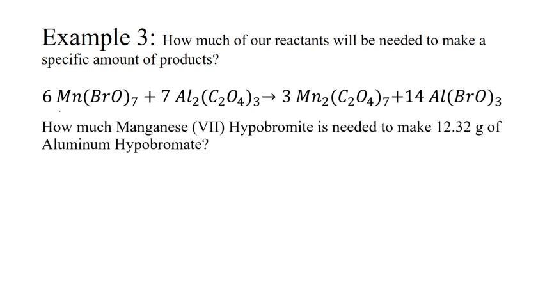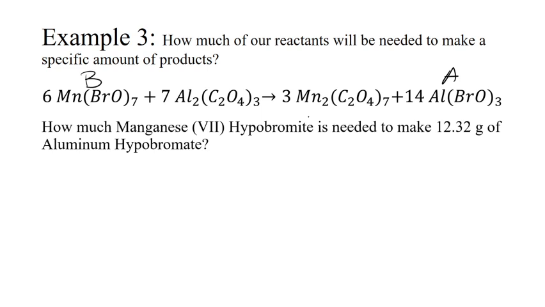So, manganese hypobromite, how much is needed? That is what we're looking for, to make 12.32 grams of aluminum hypobromite. This is how much we know we have, something that we need.